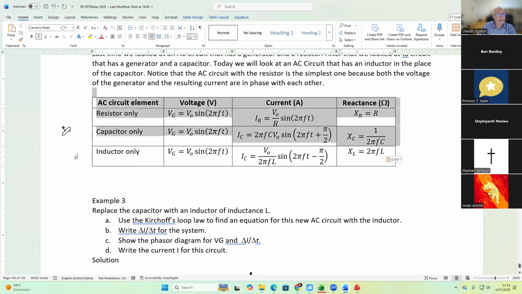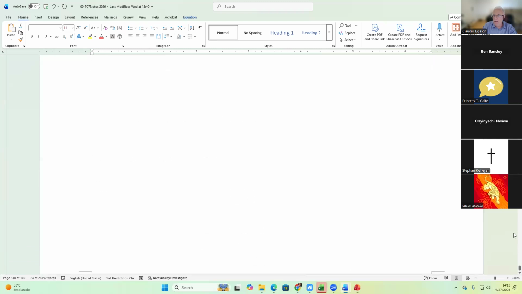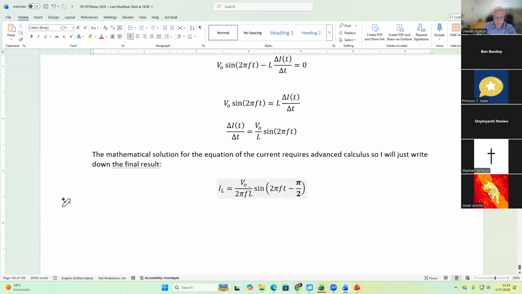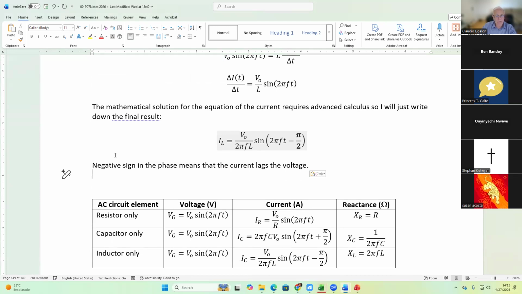I'm going to copy that and duplicate it downstairs. Okay, then don't forget the negative sign means that the current lags the voltage. The current lags the voltage. Yeah.